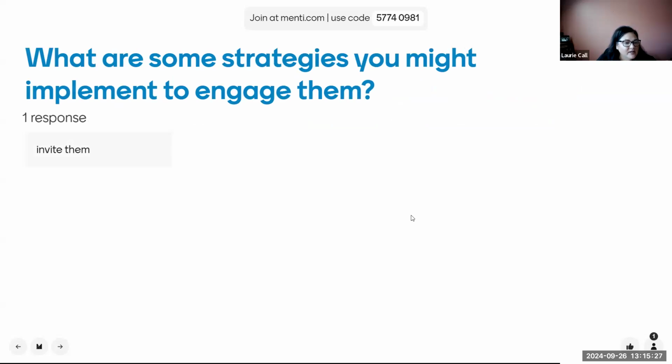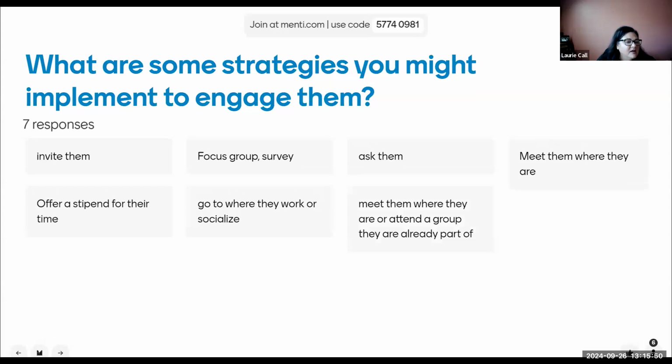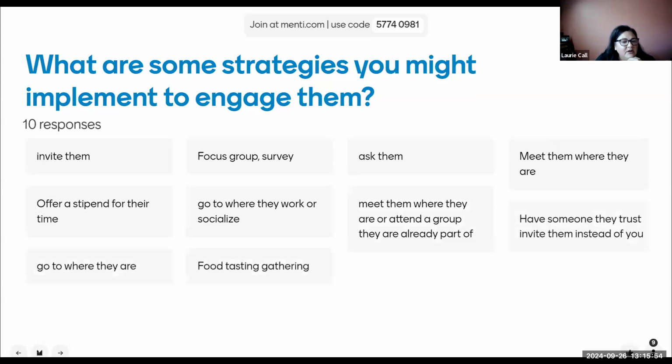So what kind of invitation or how might you invite them to get them to come, especially if they have some distrust? Maybe focus groups or a survey. If you're saying ask them or invite them, is there particular people who might be better at asking? Are there some particular ways to ask them that might work better?